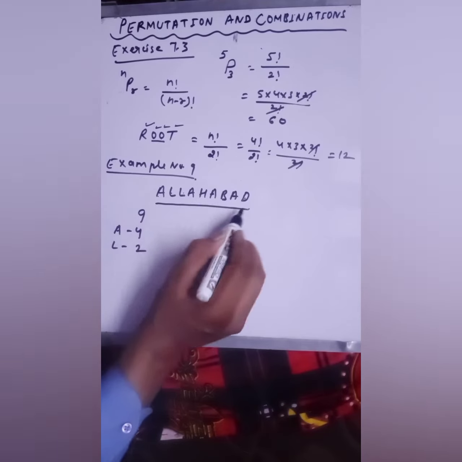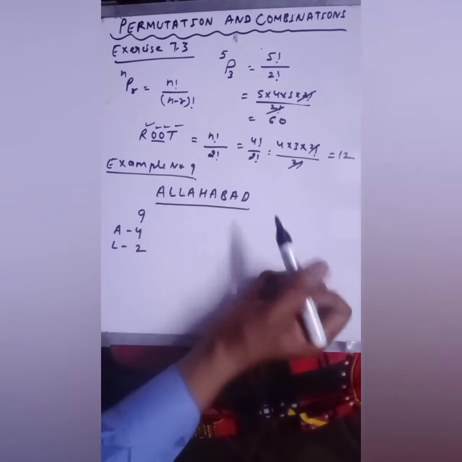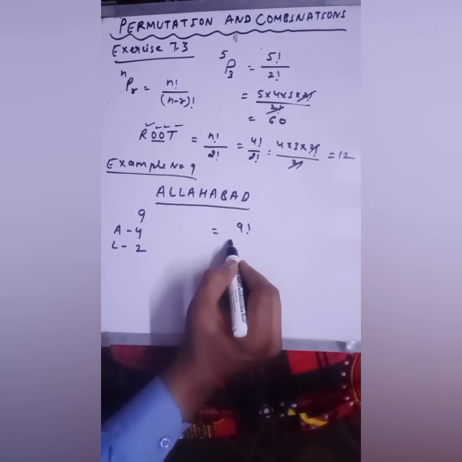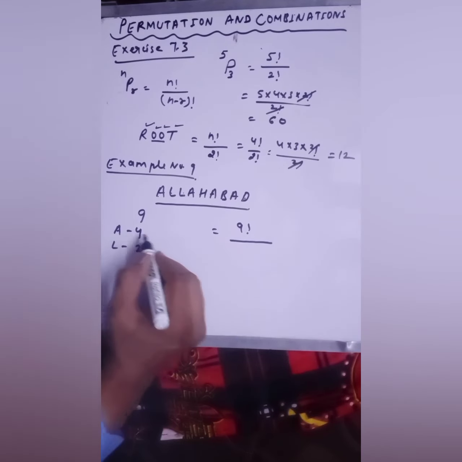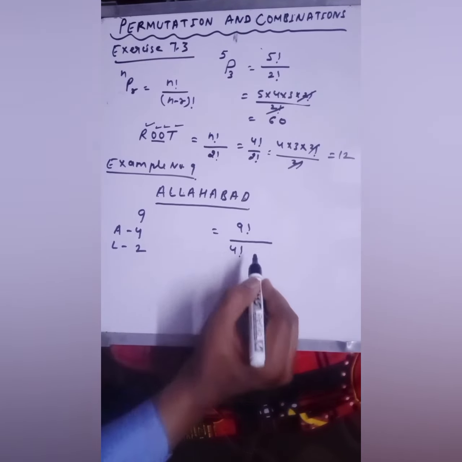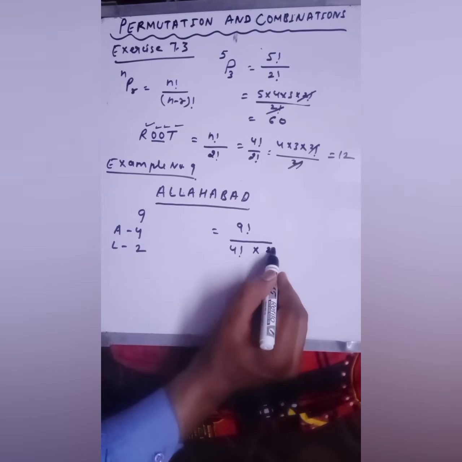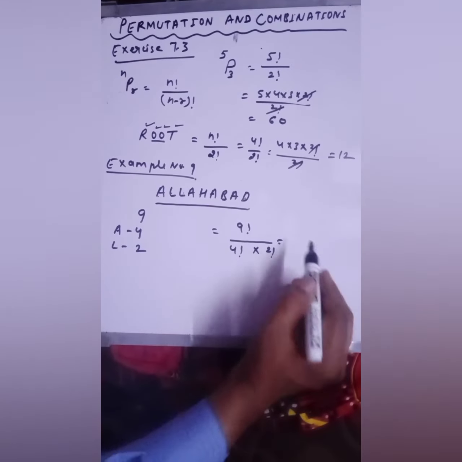So the required permutation would be: apply this formula, n factorial. n was 9, so your answer would be 9 factorial over the repeating letters. A is repeating 4 times, so you write 4 factorial, into L is repeating 2 times, so 2 factorial. Then you just have to simplify it and you will get the answer.